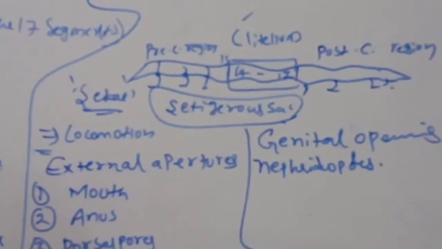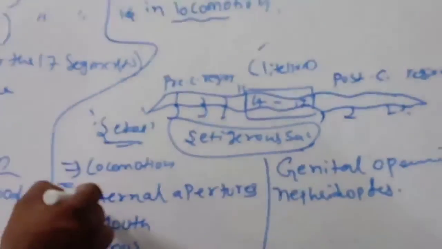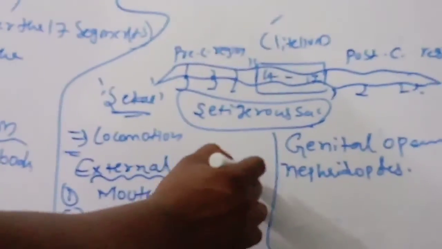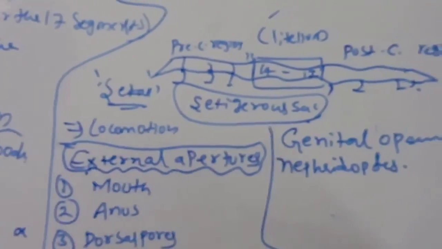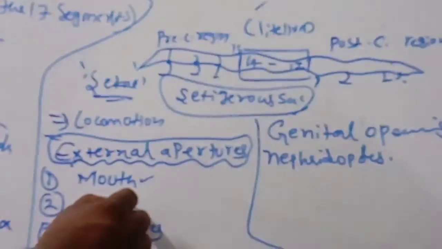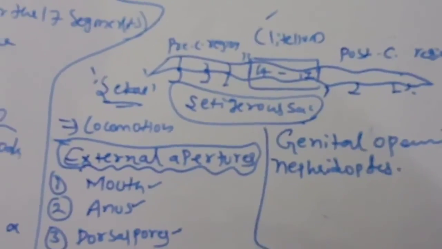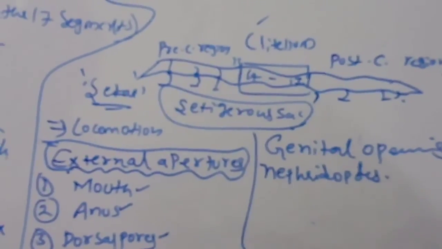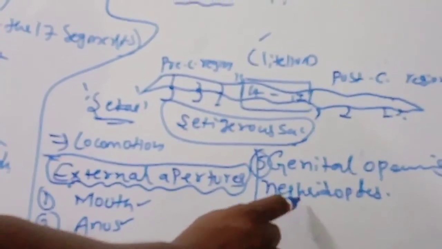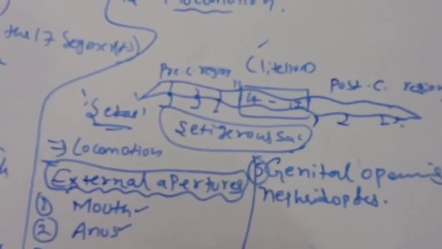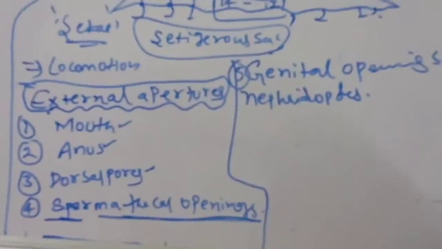Okay, children, we are discussing now the external apertures of the earthworm. Number 1 mouth, number 2 anus, number 3 dorsal pores, number 4 spermathecal openings, number 5 genital openings, and nephridophores also.